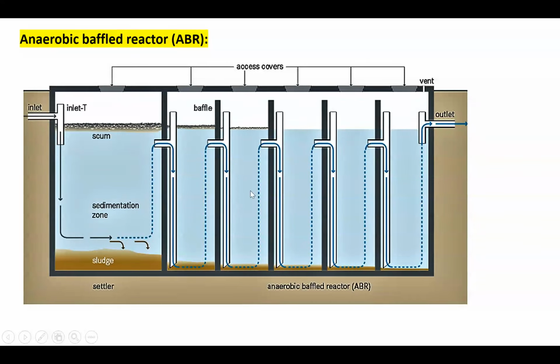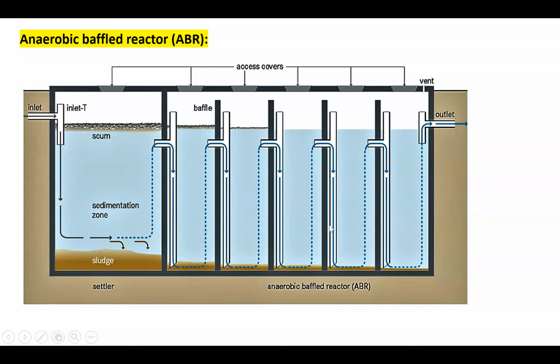I'm not saying that it goes through quickly. I'm just telling that the movement is only from here to here. If the baffles are not there, it doesn't have to travel all this way.